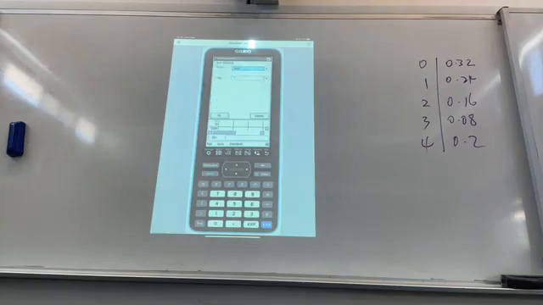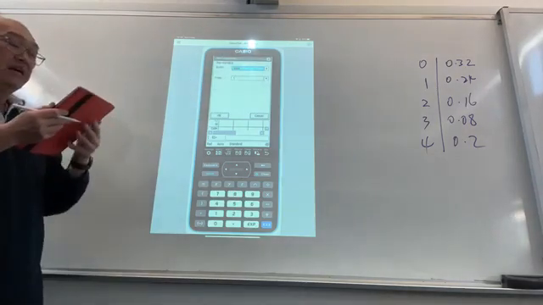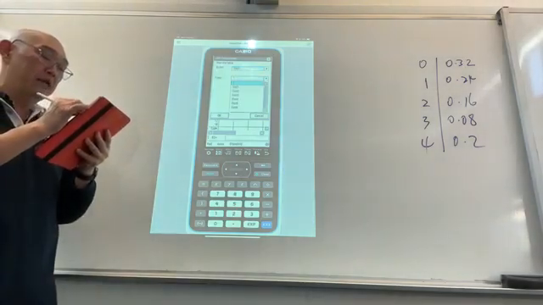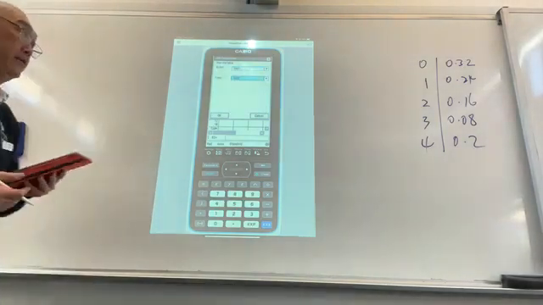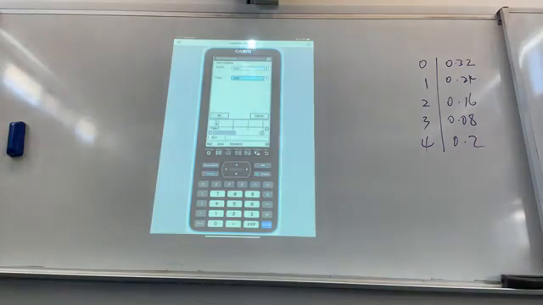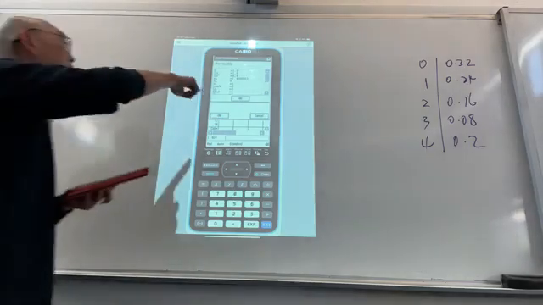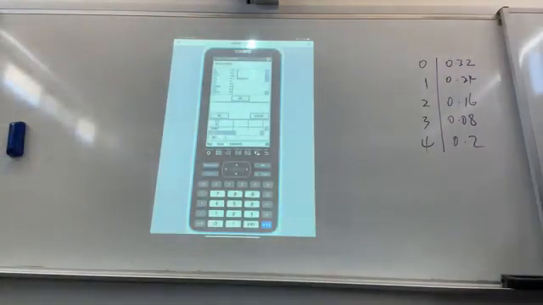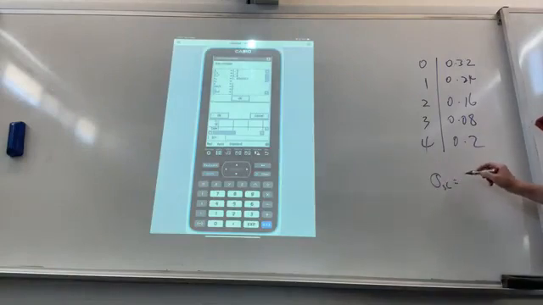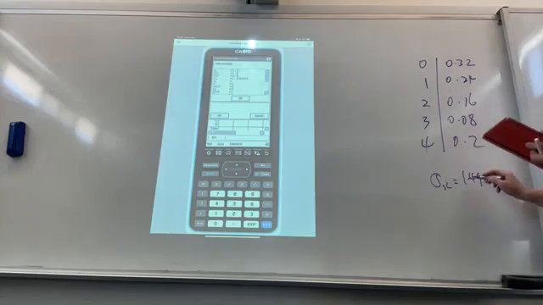Go to one variable. This time, you have to change the frequency. The frequency is now list 2, which is your probability. Alright? And then tap OK. You now have sigma x equals 1.499, which is your standard deviation. Why doesn't it give us the variance? Alright? 1.496663.